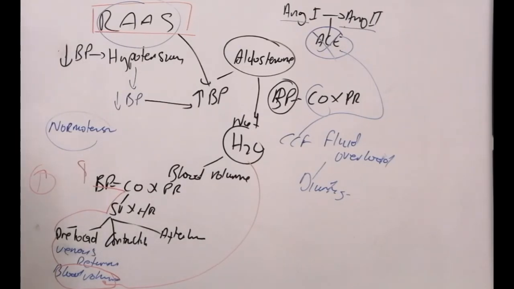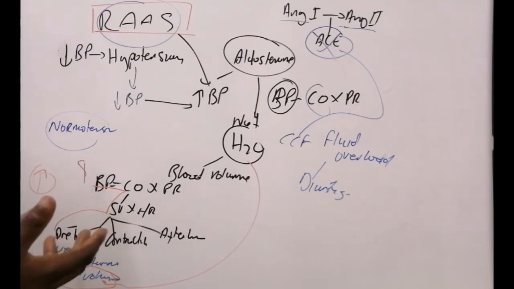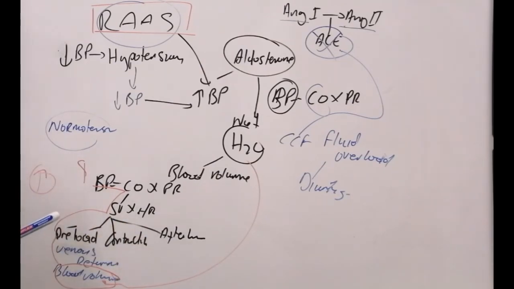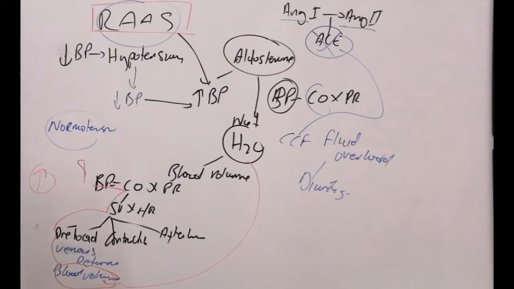Unfortunately, with heart failure, remember, heart failure is a condition whereby the heart doesn't meet the metabolic demands of the organs. So which means there's a little bit of hypoperfusion of organs when it comes to CCF.